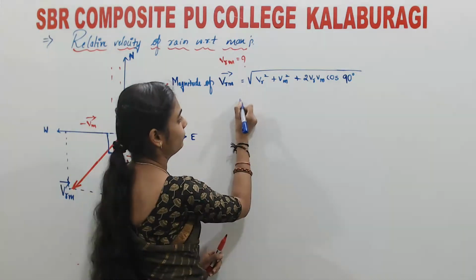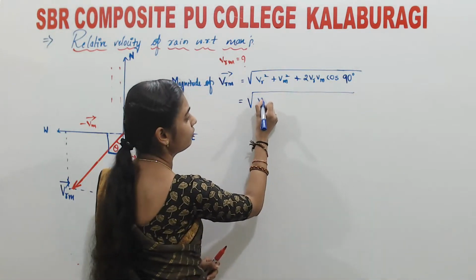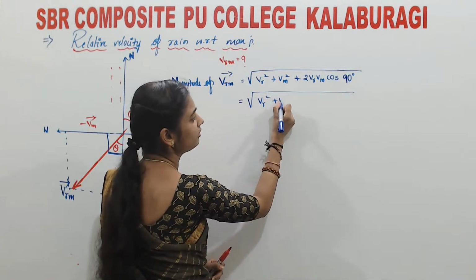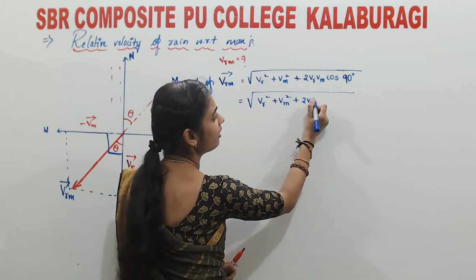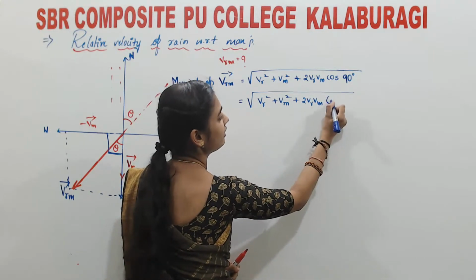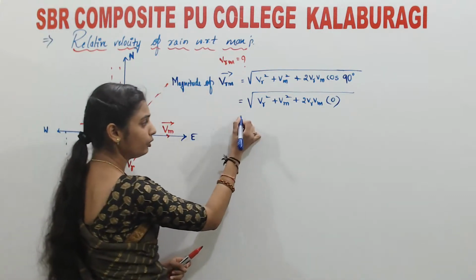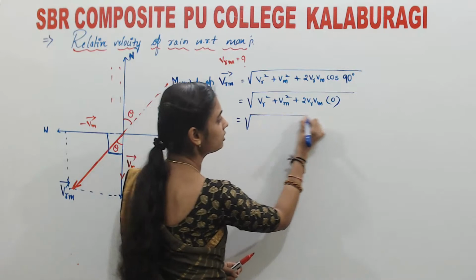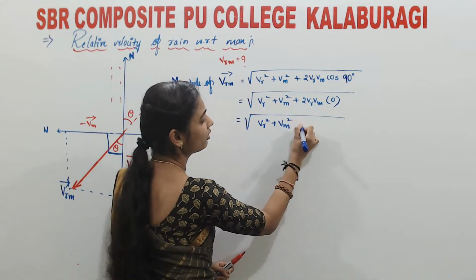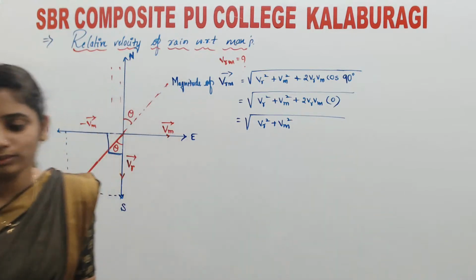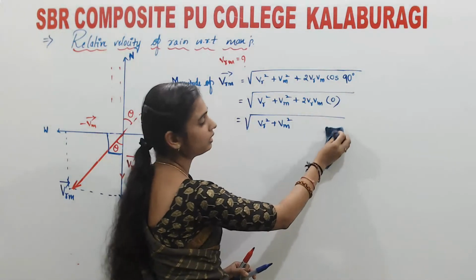Now, what you can write by using this? That is VR square plus VM square plus 2 VR VM cos 90. Cos 90 is nothing but 0. So in the next line that equals VR square plus VM square plus 0, because 0 into 2 VR VM is nothing but 0.